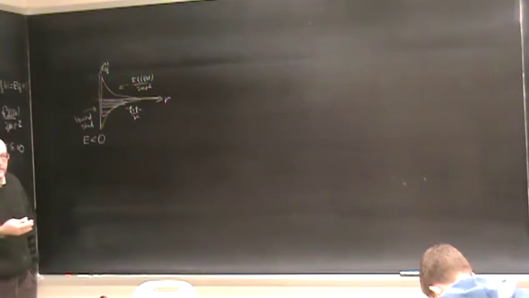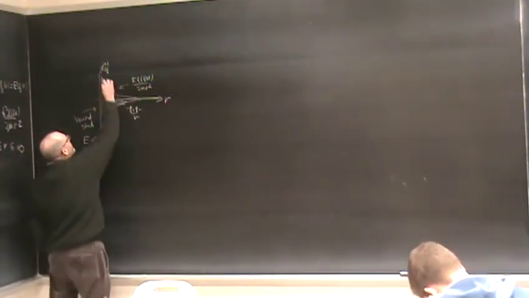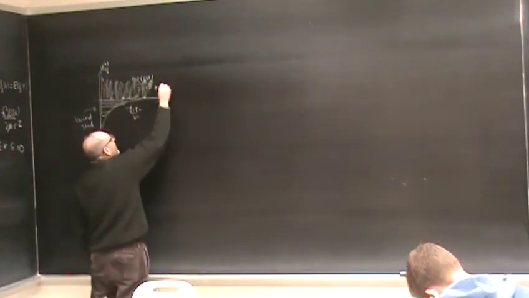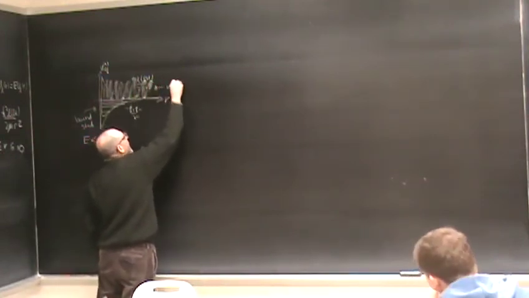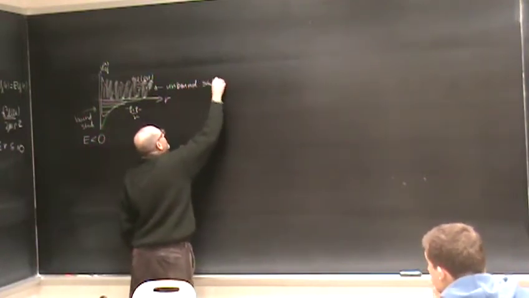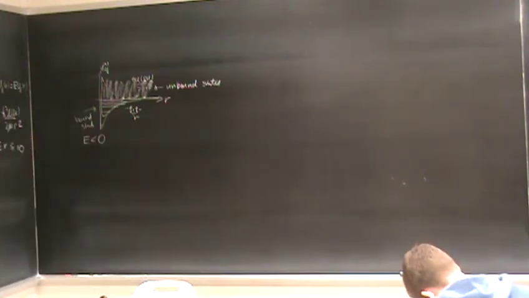We choose it to be 0 at infinity. And then above here, unbound states. And they are in the continuum. There is no quantization of energy. All possible energies are possible for the unbound states.